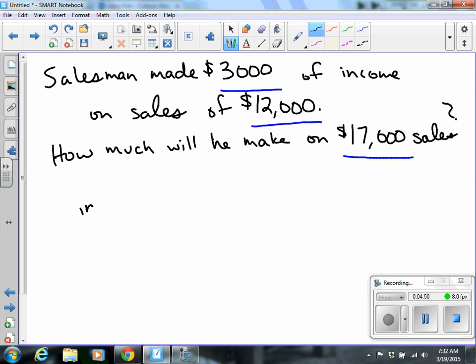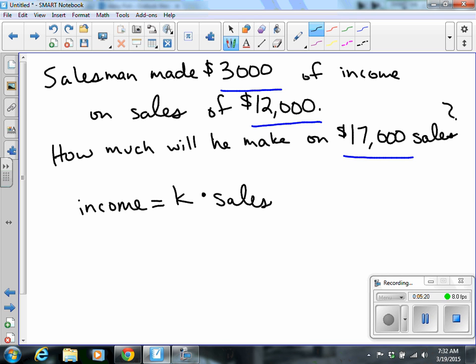So his income equals some k or constant times the sales. So this is similar to a direct variation, so I can plug in my numbers and determine what k is. Now, I'm going to use the $3,000 and the $12,000 because I know his income and I know his sales, so I can find k.